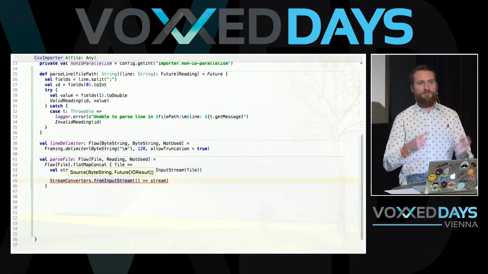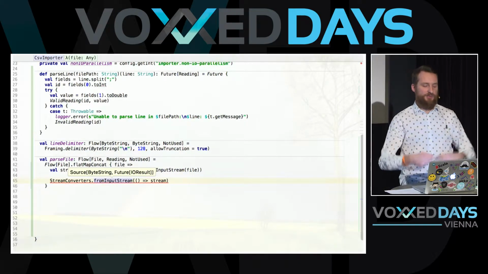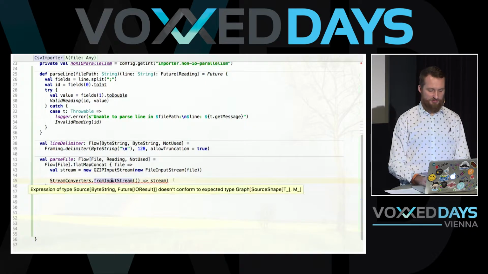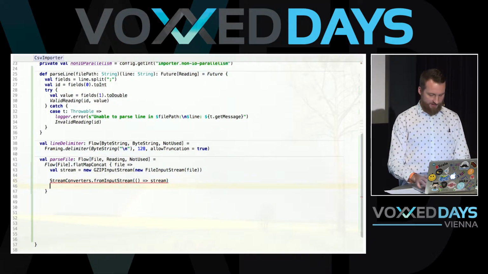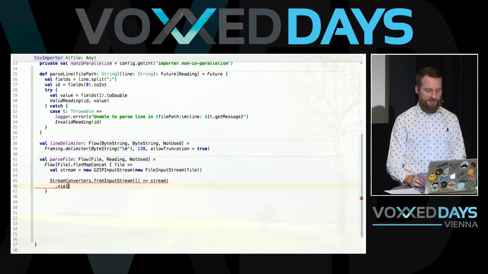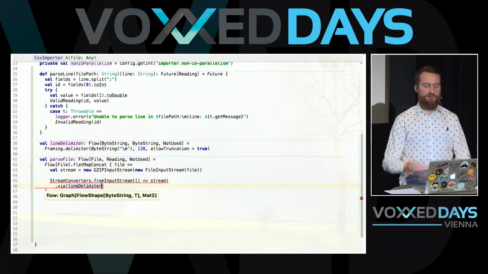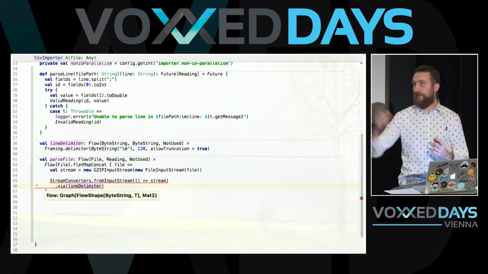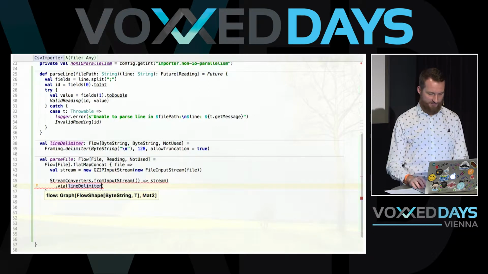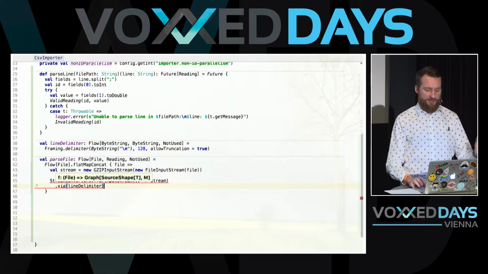So from every file there will be byte strings coming, and we could flatten them then. For every byte string that comes out of the files, the first thing we want to do is pipe it through the line delimiter that we defined before. Now the output of the line delimiter is a byte string.